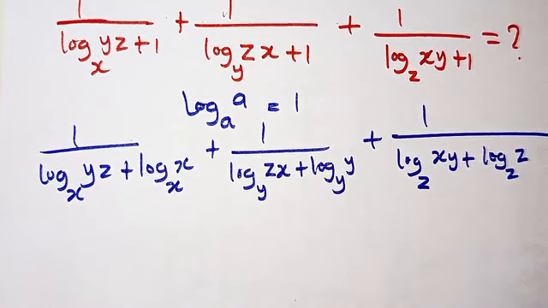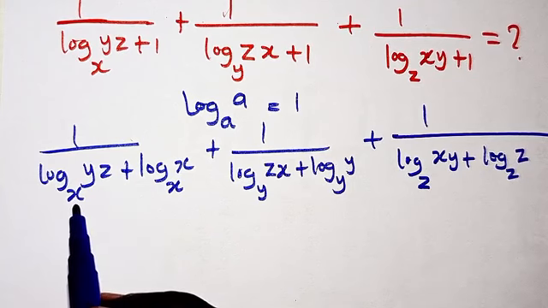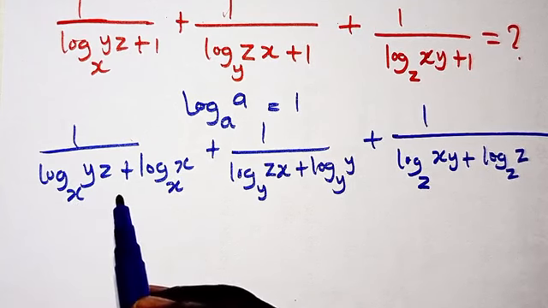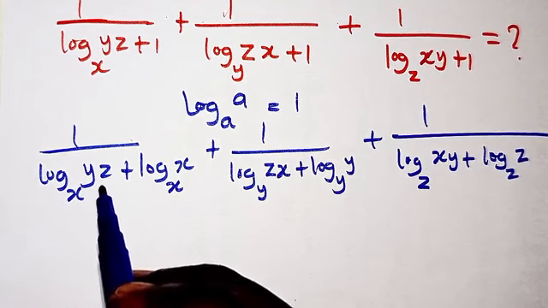The next thing we're going to do is this is base x here, this is base x here, and this is the addition law of logarithm. So the arguments will multiply.